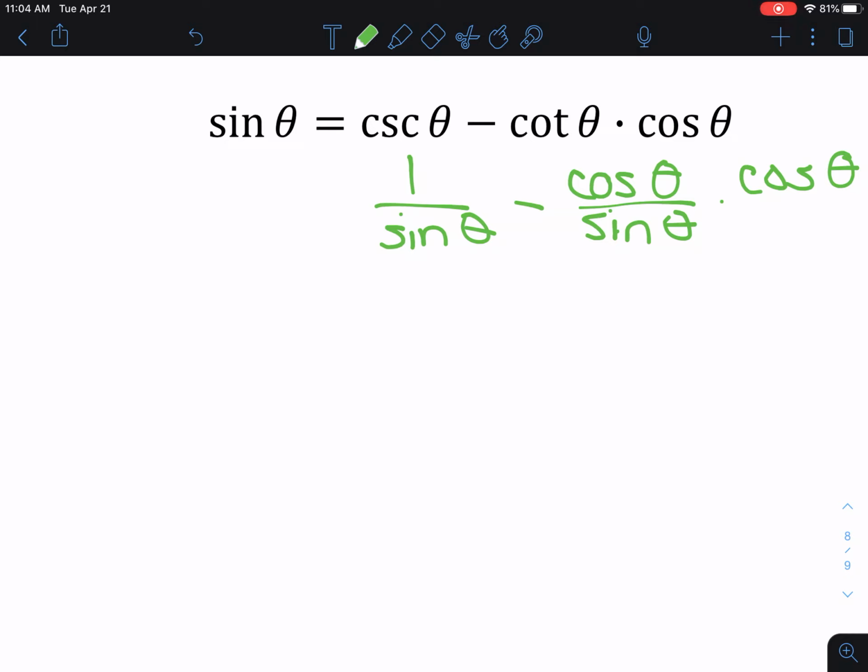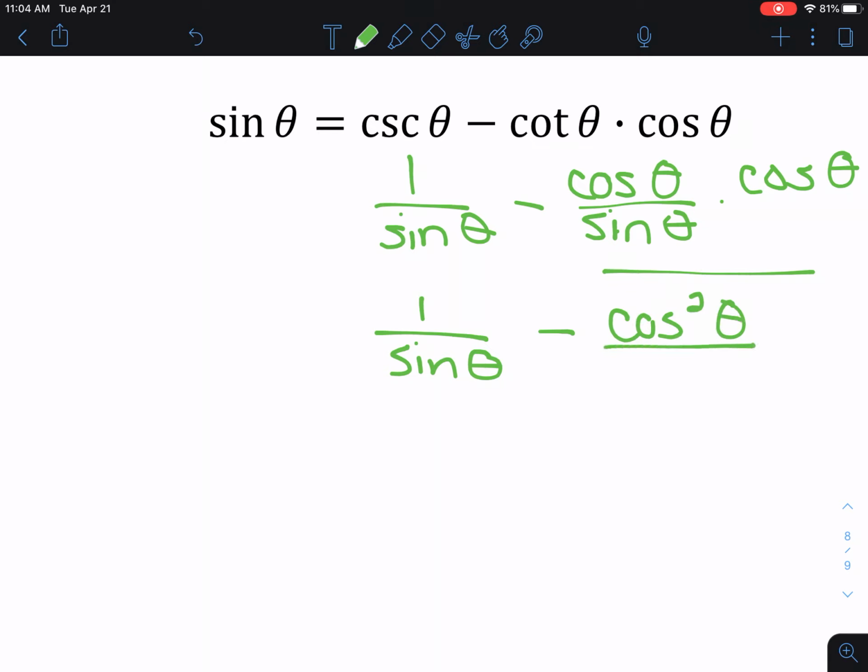Okay, so again, these two things are multiplied, so I'm going to take care of that first because I can't separate that from the subtraction. So I've just got 1 over sine theta, excuse me, minus, now cosine theta times cosine theta is cosine squared theta over sine theta.